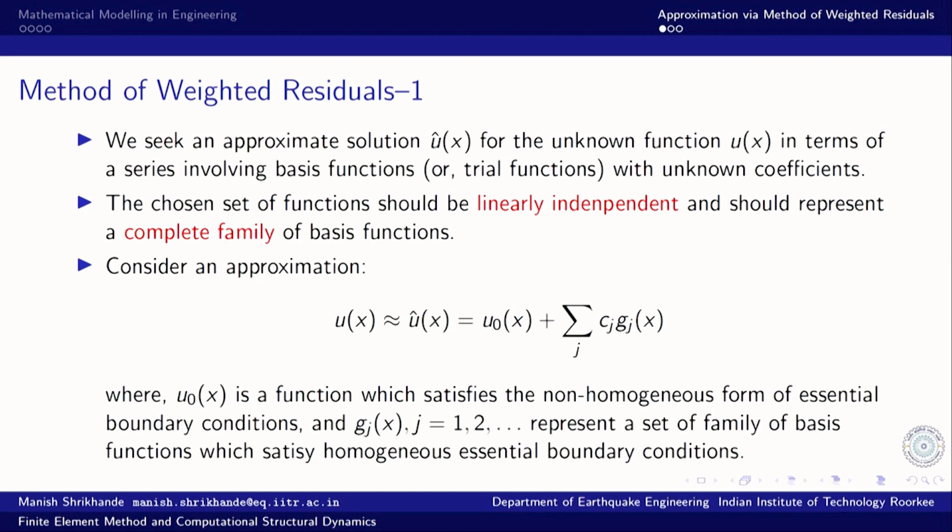So, we consider the approximation. u of x is approximated as u hat, and u hat is given by some function u naught of x plus the linear combination of c j g j. Here g j are the set of linearly independent basis functions, and they satisfy what we call homogeneous essential boundary conditions.